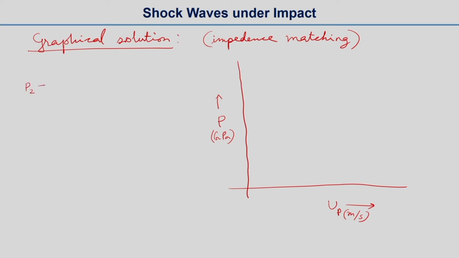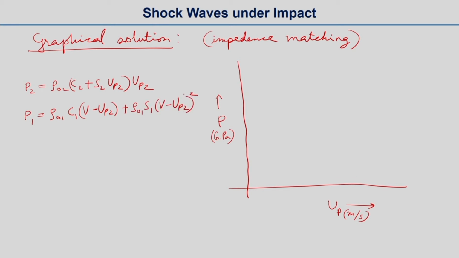P2, for the target, is rho naught 2 C2 plus S2 UP2 times UP2, and then pressure P1 is rho naught 1 C1 (V minus UP2) plus rho naught 1 S1 (V minus UP2) whole square.